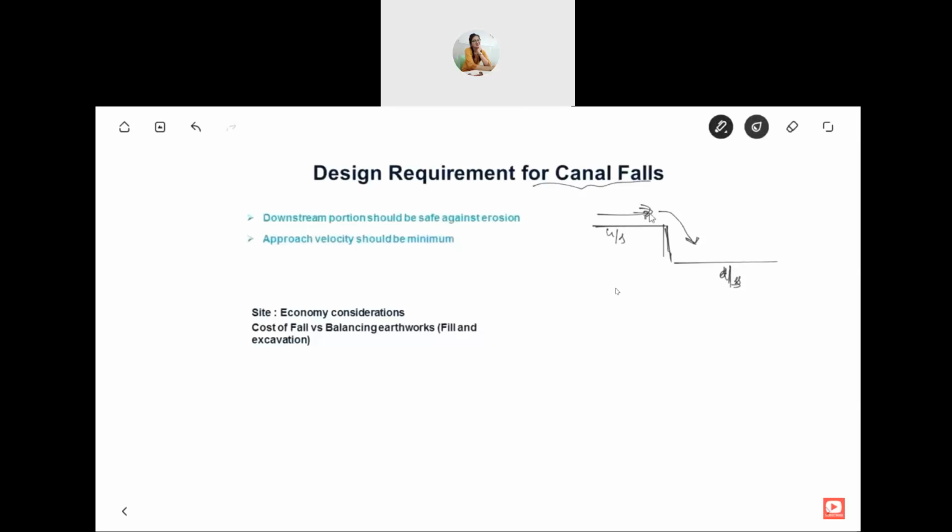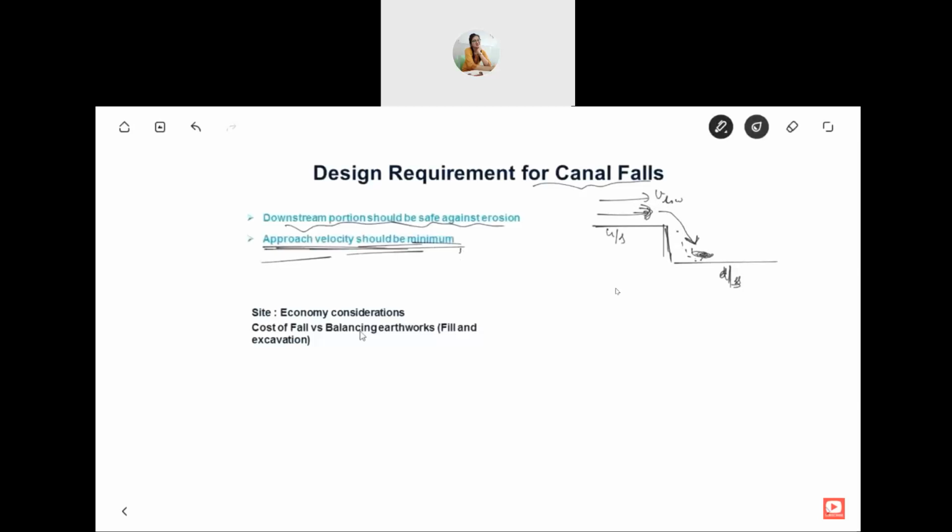From the upstream portion, when the water flows down to the downstream, this lot of energy will start eroding the bed, which is again undesirable. So the downstream portion should be safe against erosion. For that, you have to control this velocity. If this approach velocity is very low, it might not erode the bed. So the other design requirement is that approach velocity should be minimum.